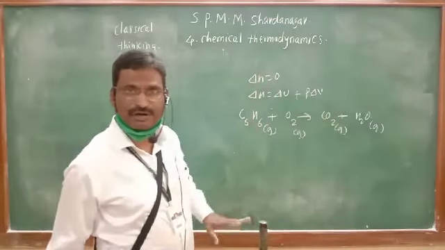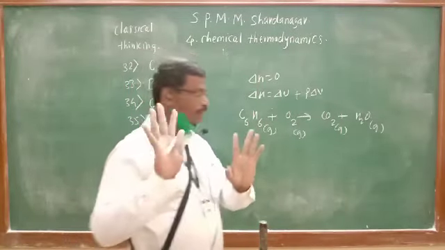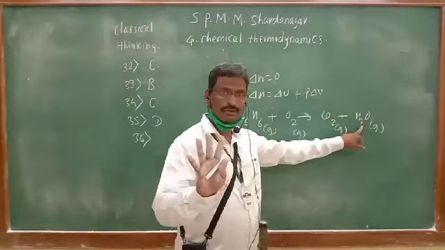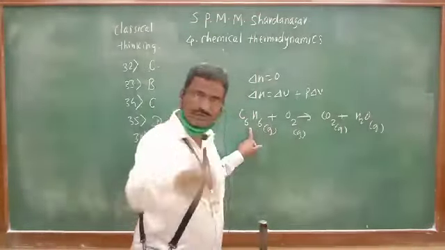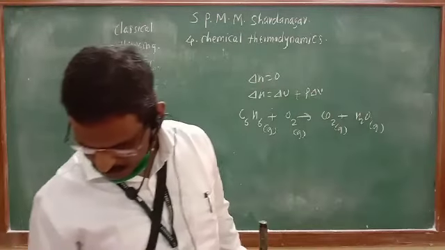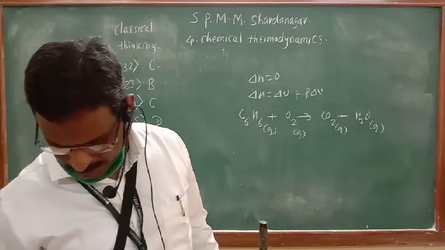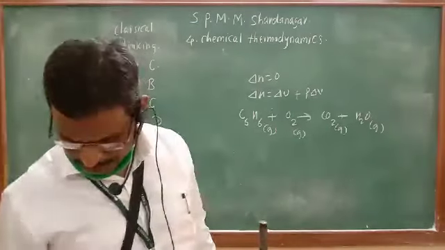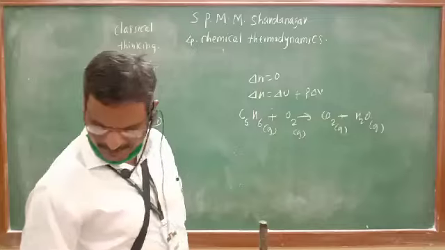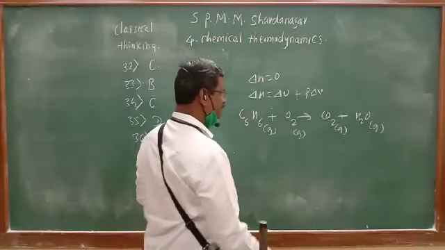All reactants and products they have told in a gaseous state in this problem. Usually H2O is liquid, usually benzene is also liquid. But they have taken the gaseous state to calculate delta N for 1 mole of benzene. Calculate the change in number of moles for this reaction.